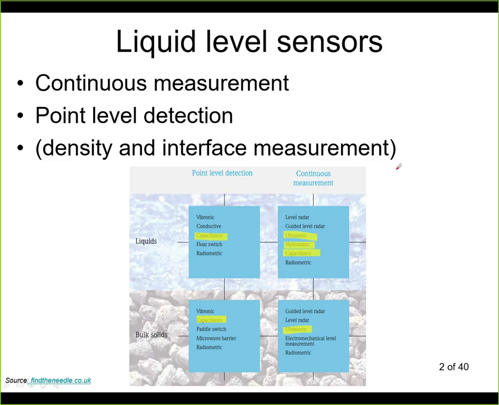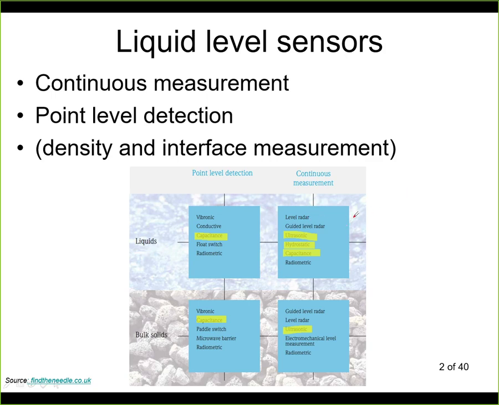We will see that some liquid level sensors will also be able to provide additional info about the properties of the liquid. For example, they can measure density or measure the interface between two liquids that we have in the tank. So we'll also look a little bit into how to measure this.